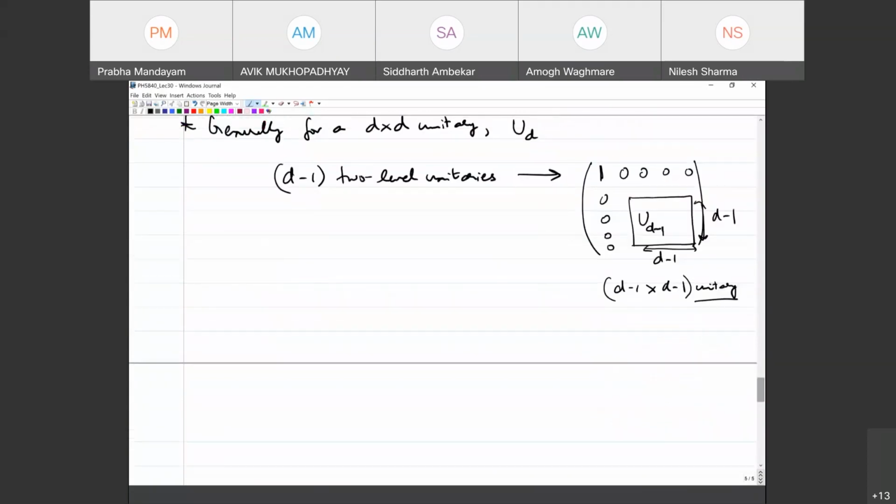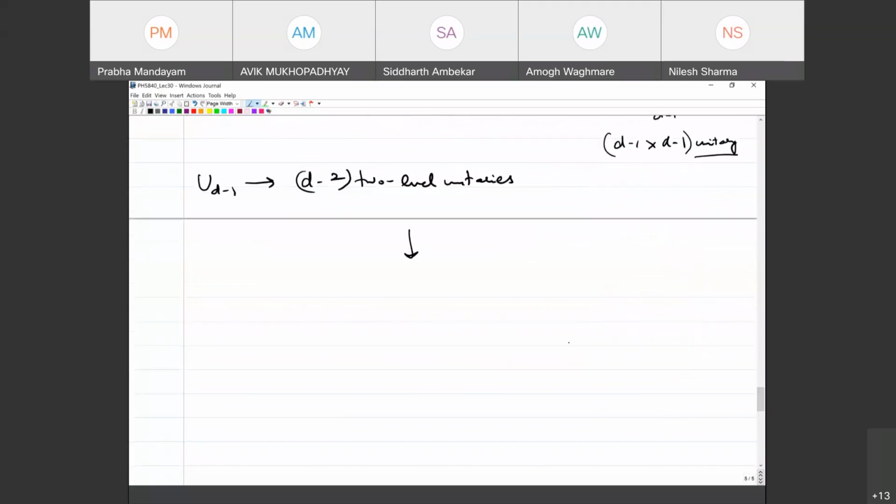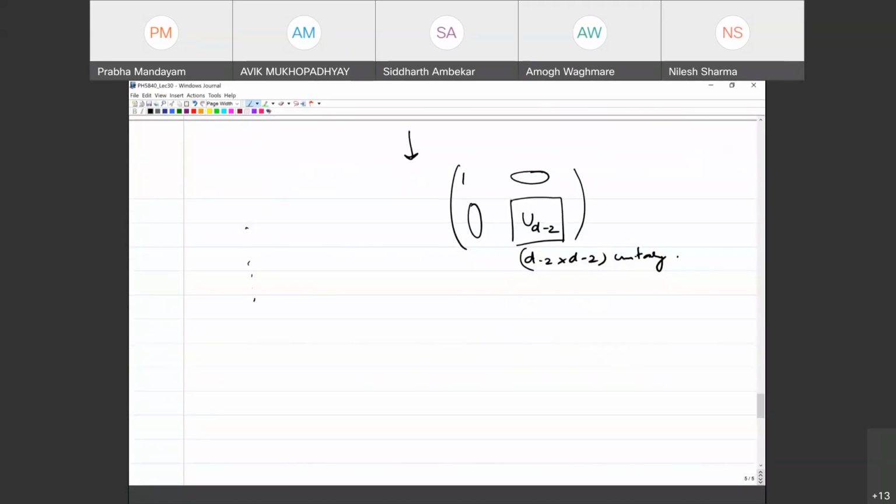So UD required this. Now for U sub D minus 1, you will need D minus 2 two-level unitaries, right? And you will get it to this form where there is now a D minus 2 cross D minus 2 unitary subblock, and everything else is 0, right?